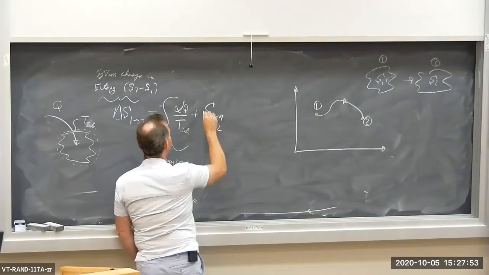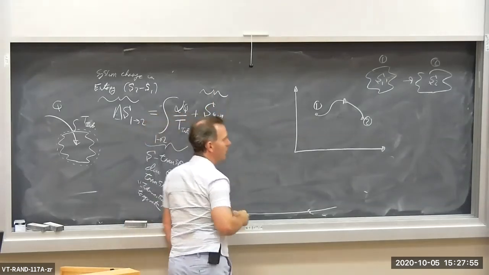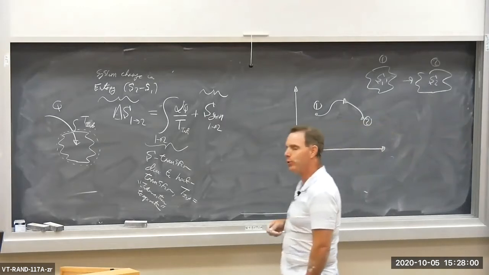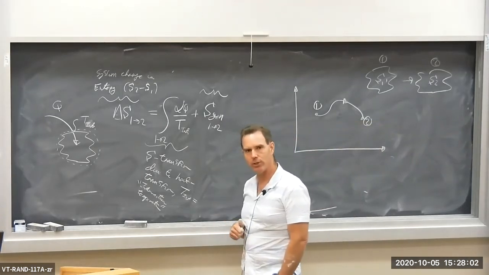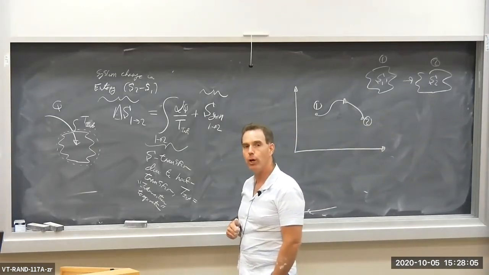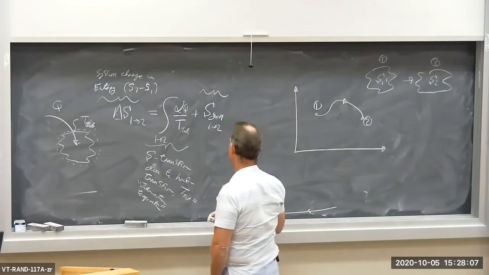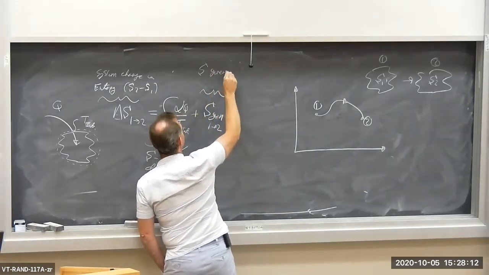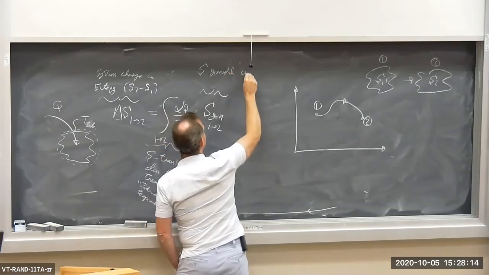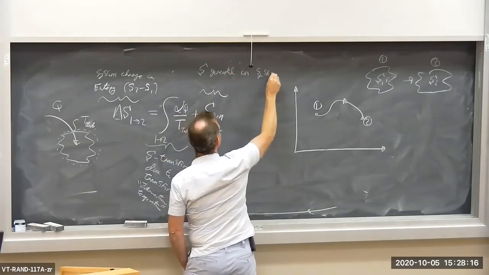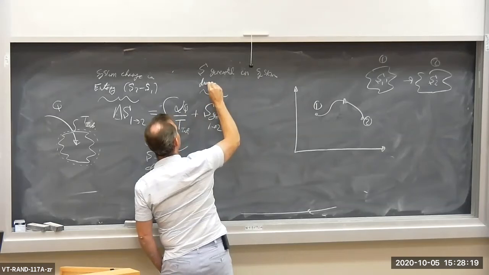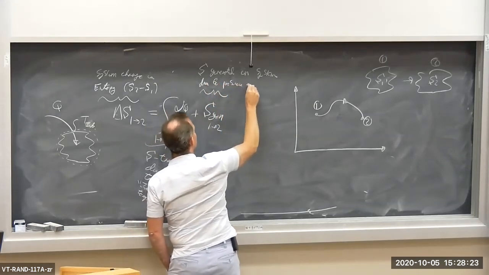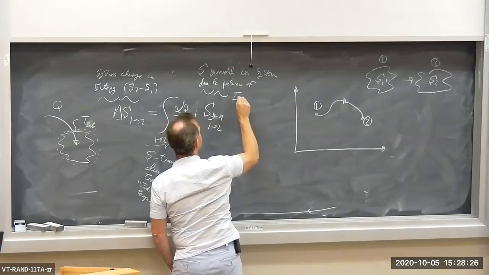And then we have the third term here, our new term, the weird term. This represents entropy generation inside the system over the process due to irreversibilities. So this is S generated in system due to presence of irreversibility.